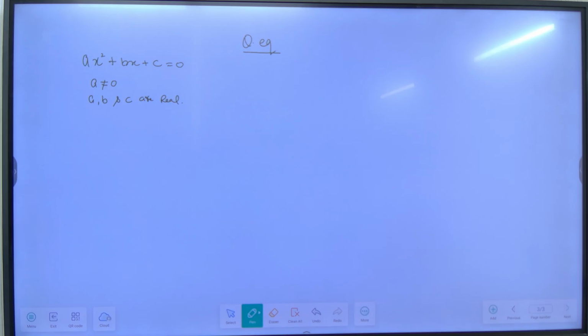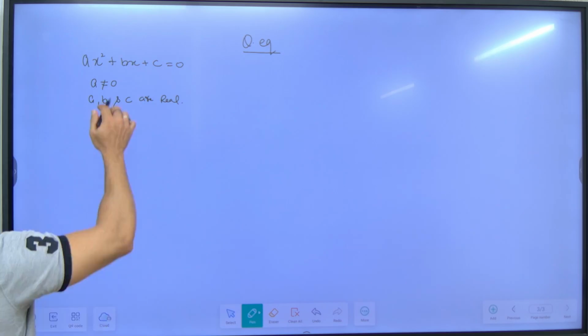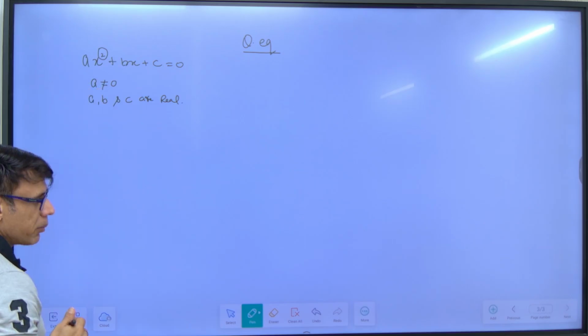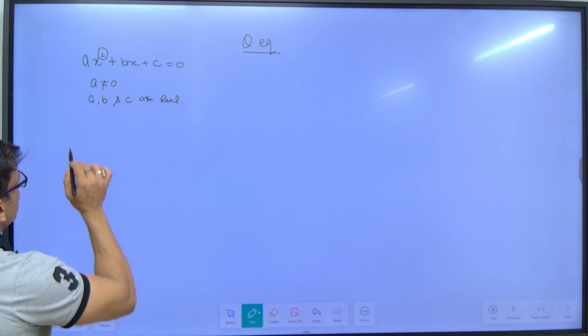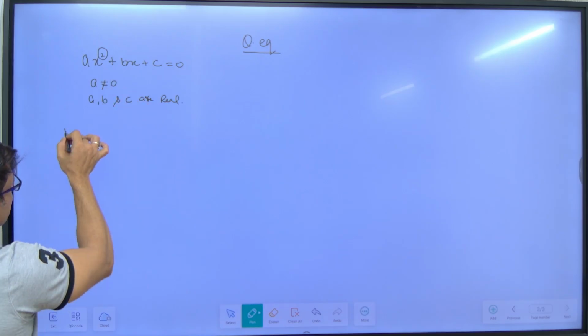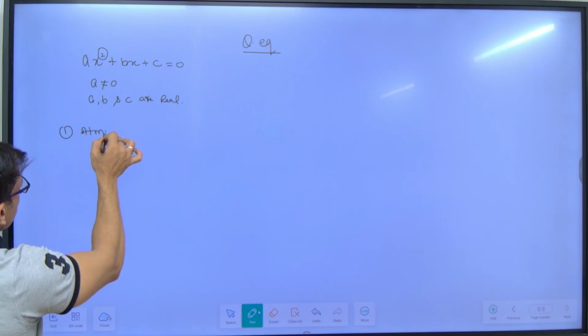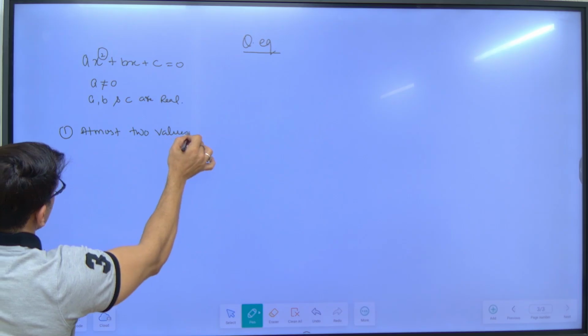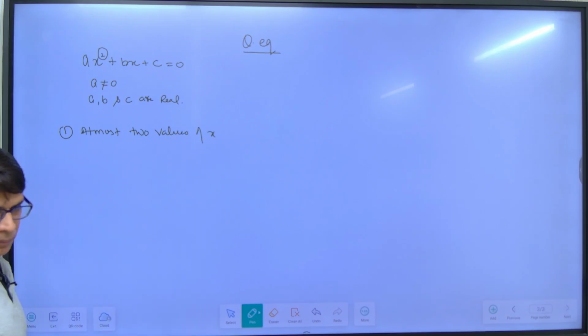Now what happens when you solve this quadratic equation? Since the highest power of variable is 2, when you solve this quadratic equation, it can give you at most two values of x.